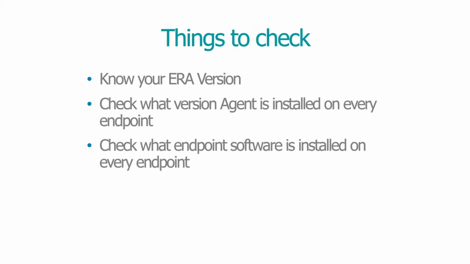You also want to check what version of the ESET Remote Administrator agent is installed on every endpoint. And you can find this within the management server. You can also see what version of the endpoint software is installed on every endpoint. And right now, our newest version of our management server is version 6.5, and the version of the agent is 6.6.